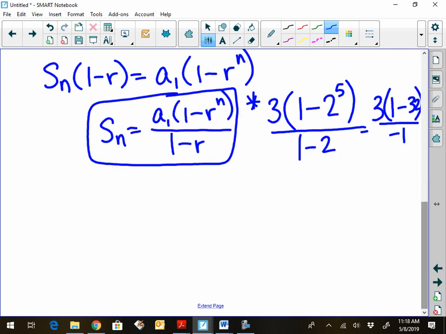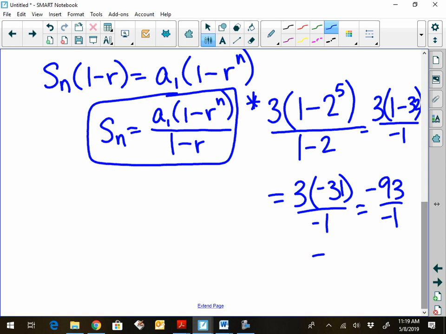I'll keep going. So I got 3 times negative 31 over negative 1. So I have negative 93 over negative 1. A negative divided by a negative, we get 93. So this still works. This formula proved also, we could see that we get the same thing.